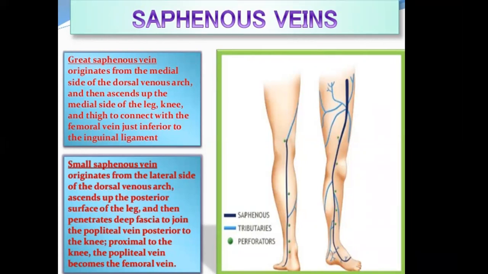If you can see here, it courses in the posterior leg, and here on arriving at the popliteal fossa level, it pierces the deep fascia of the leg and enters the popliteal fossa, where it becomes the popliteal vein.